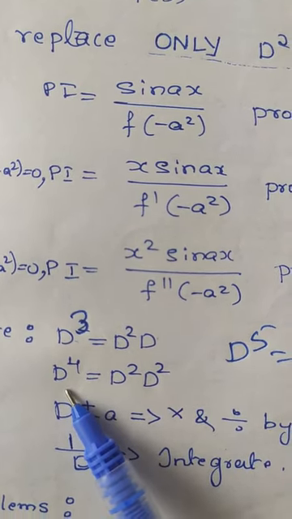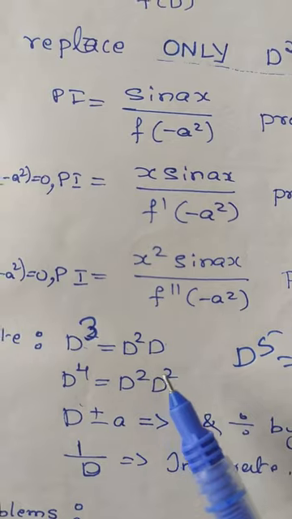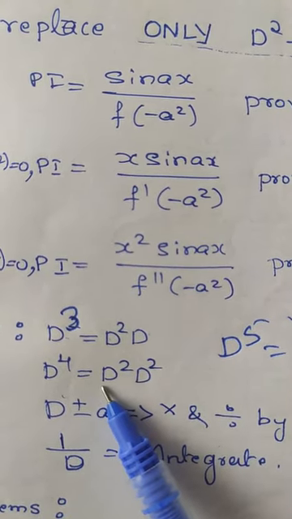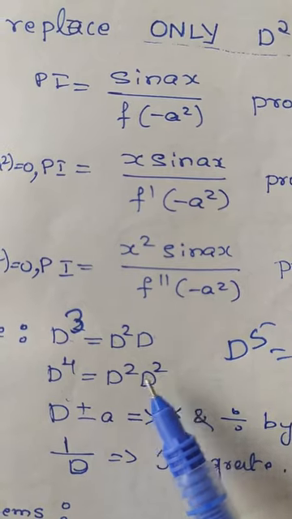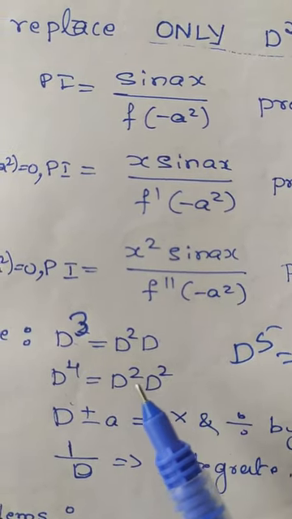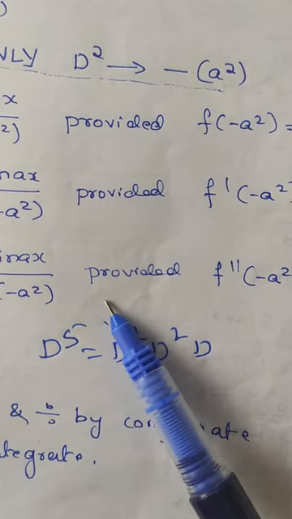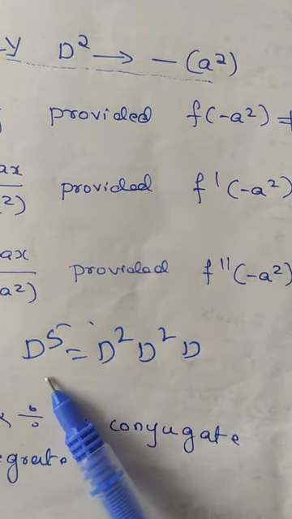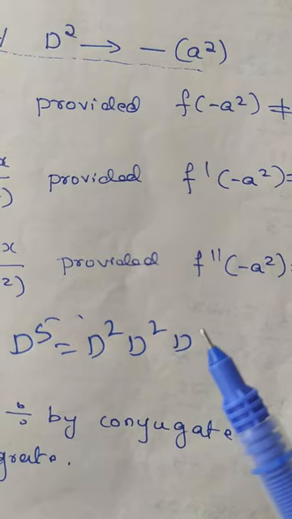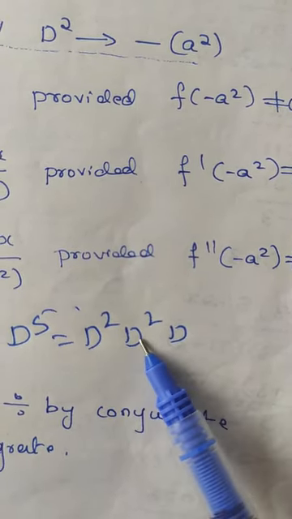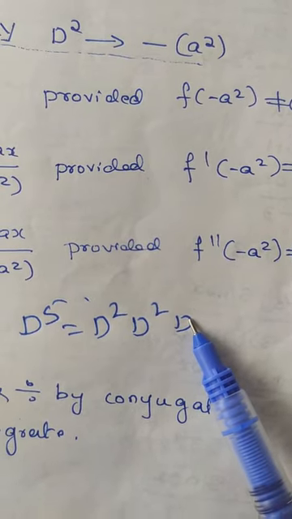If you have D power 4, write it as D square into D square, then replace each D square by minus a square. Minus a square into minus a square becomes plus a power 4, like that. Suppose you have D power 5, write it as D square into D square into D, then replace each D square by minus a square.